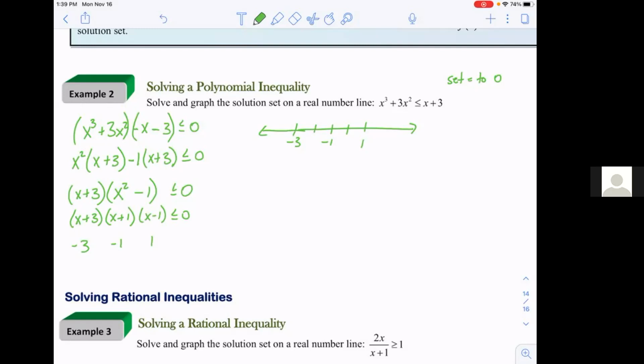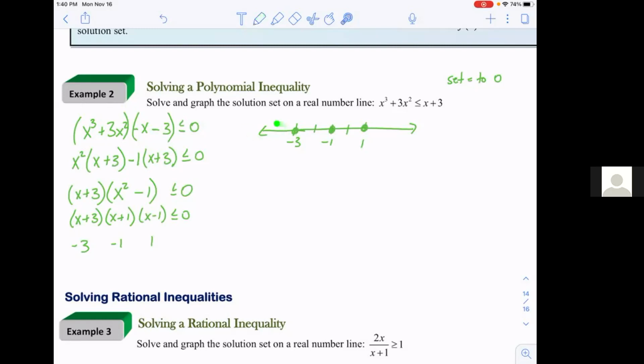Okay, so those are my solutions. So again, we have to figure out what intervals are created. I know that we have the equal to sign on this one. So that means we're going to have a closed circle at -3, a closed circle at -1, and a closed circle at 1. I have to figure out what 3 intervals just got created.